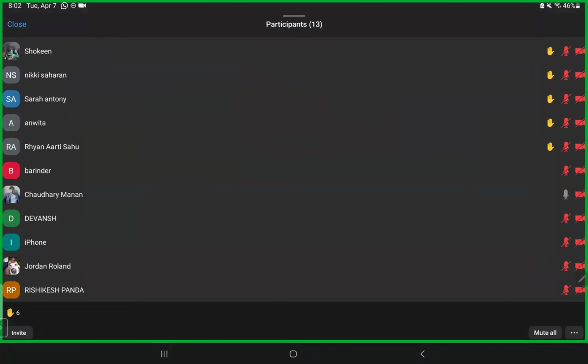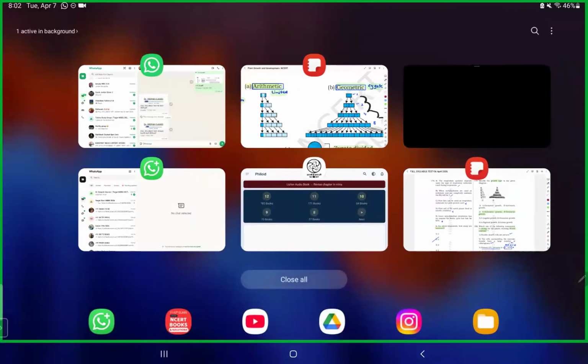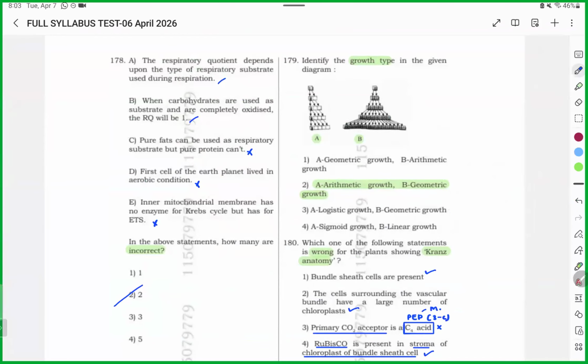Okay. Anvita, Rayan. So the point is, this will happen, but when you make a mistake, become more conscious that it's done, next time it will not happen at any cost. I will solve one question less. That is absolutely fine. But if I know the topic, I should not make a mistake at any cost. As simple. Correct?